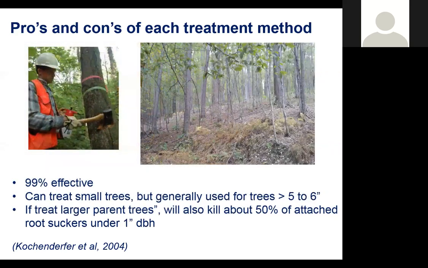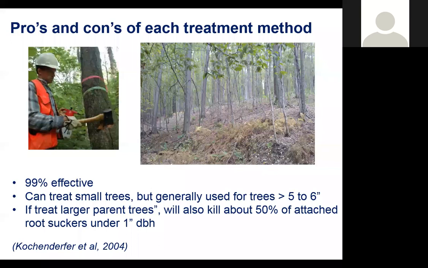And then the hack and squirt is also really effective, and this is the one that I usually recommend to private landowners, again, for the bigger lingering beech that are around, those mid-story trees. You can treat small trees using this method. It's generally more for larger trees, 5 to 6 inches.